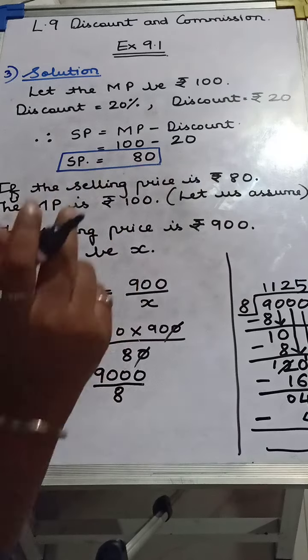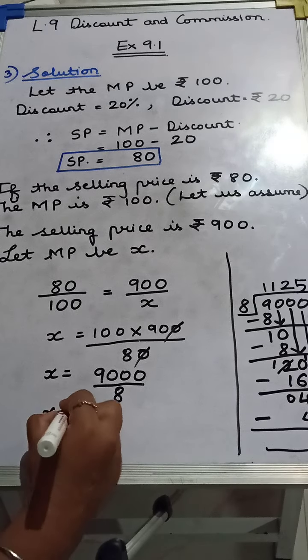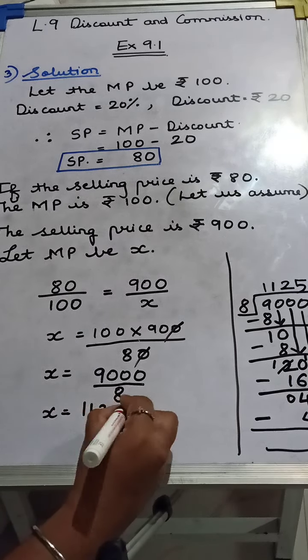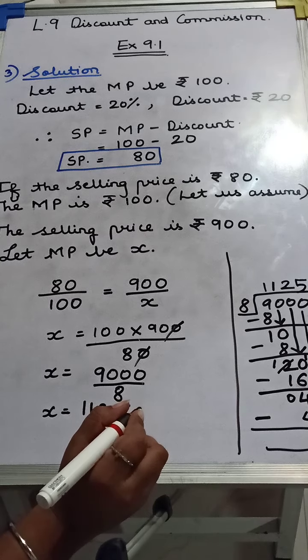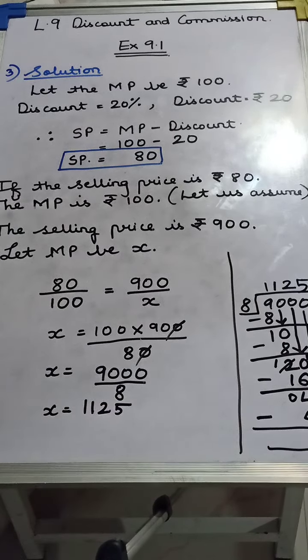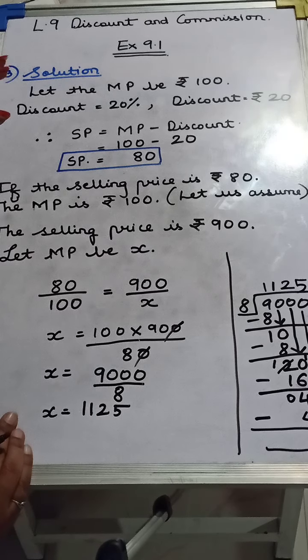What is the quotient that we have got? X is equal to 1125. That means this is the marked price. To find this marked price, we first assumed the marked price as 100. Then with the help of the discount, we found the selling price. And with the selling price, we have two selling prices: one is the assumed one and one that we have in the sum.